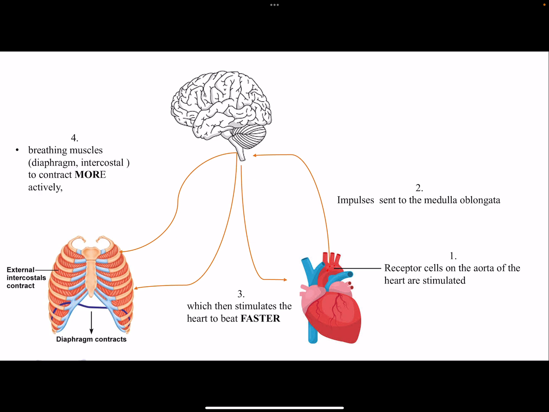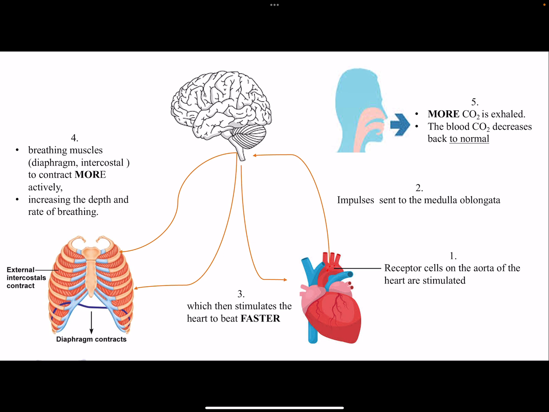The breathing muscles, the diaphragm and intercostal muscles, to do what? To contract more actively. When they contract more actively, this will cause an increase in the depth and the rate of breathing. And then more carbon dioxide is exhaled.